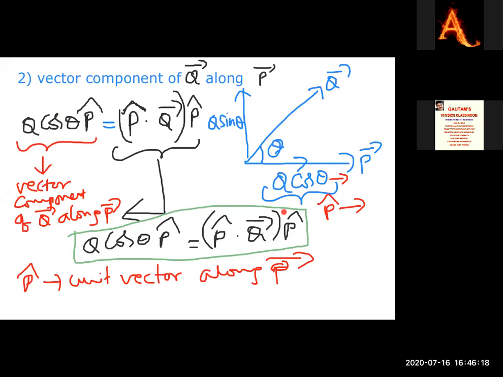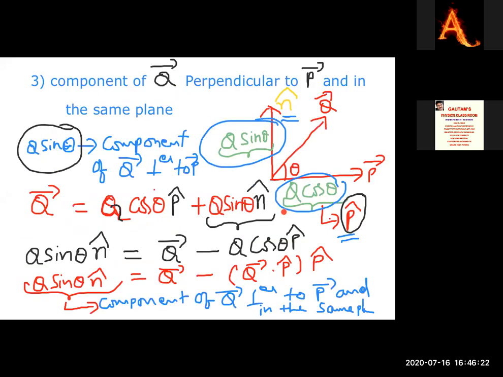And after that I wrote the vector component. This is also a vector component of q bar, but perpendicular to p bar. Perpendicular to p bar means q sin theta, which in vector form is q sin theta into n cap. Finally, I got the expression q bar minus q bar dot p cap into p cap.